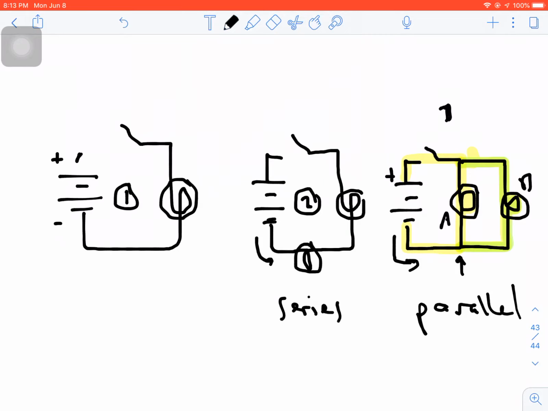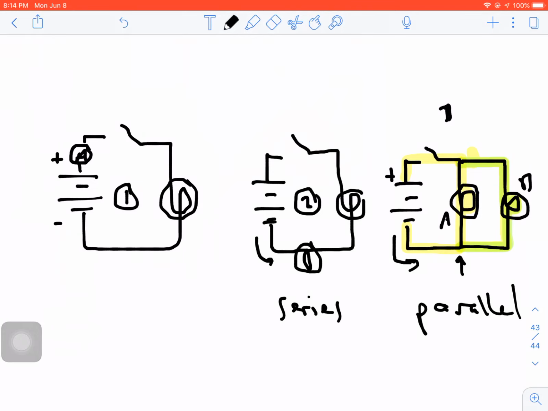So I'm going to put my ammeter right here to measure how fast electrons are going to the bulb. Okay, so the ammeter is in series. I still haven't given electrons another option. They have to go through the path, through the bulb, through the switch, through the ammeter, and back down to the battery.